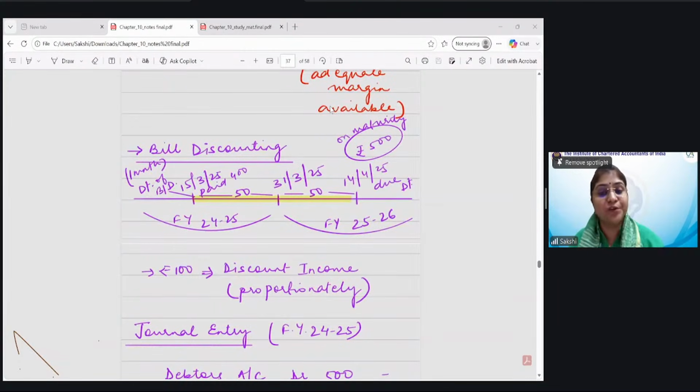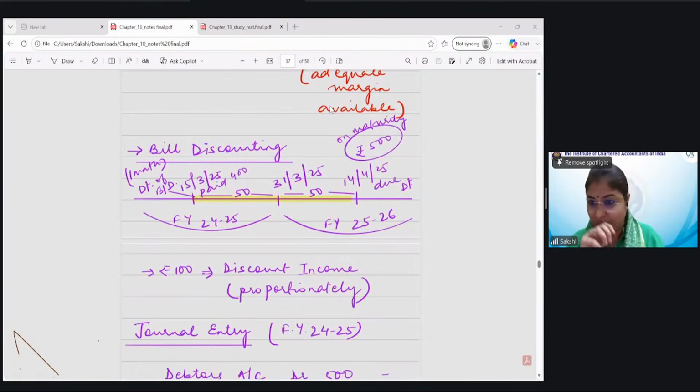It is 100 rupees. Is this storyline clear to all of you? I go to the bank to discount the bill on 15th March. It's a 1 month bill. On 14th April 25, I would get 500. But I went to the bank today and I say, please discount it. I got 400. So what is the discount income for the bank? It is rupees 100.